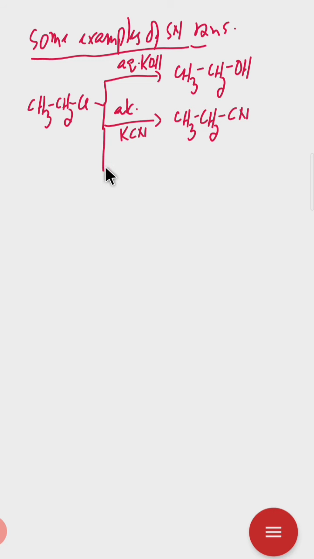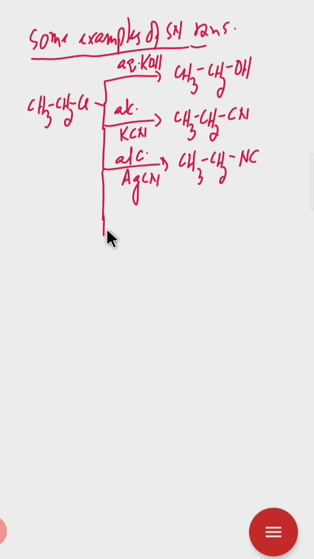And if this haloalkane is reacted with alcoholic AgCN, then substitution will take place by NC. This is isonitrile. The IUPAC name of this compound is propane nitrile, and the IUPAC name of this compound is ethane isonitrile, right?